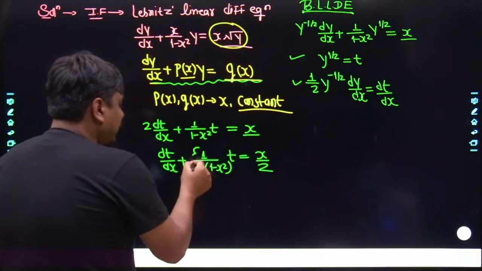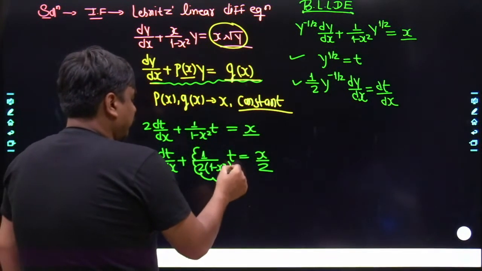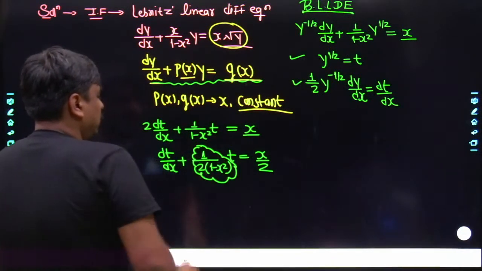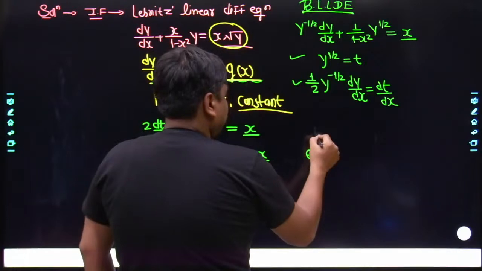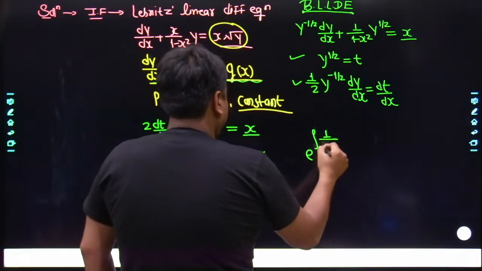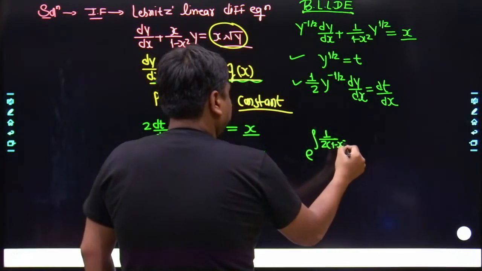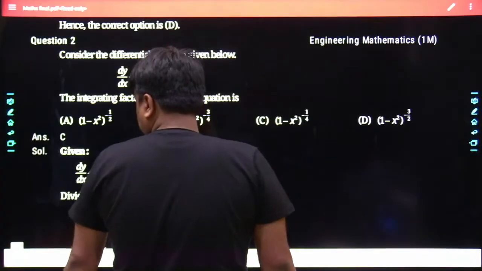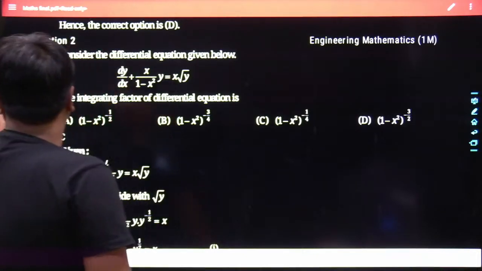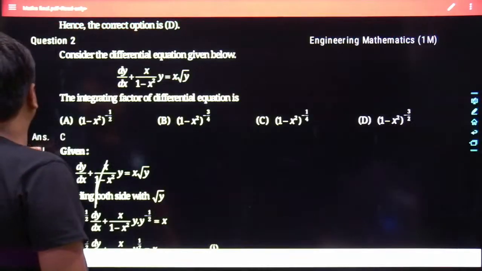We had to integrate this function after raising it over the power of e. So here it becomes e to the power of integration of 1 divided by 2 times 1 minus x square dx. Anyways, we have calculated it thoroughly over here. You can see what the answer was for this problem.